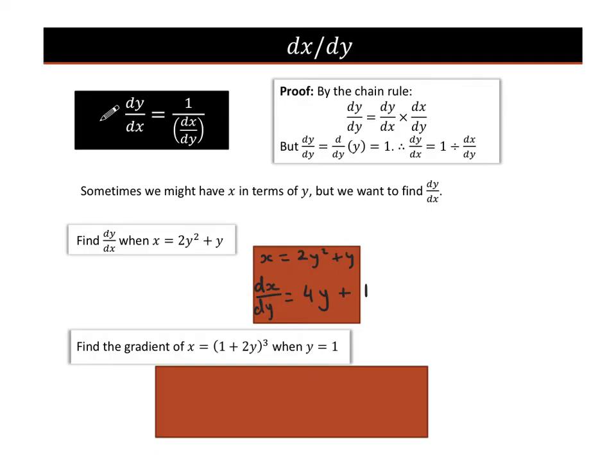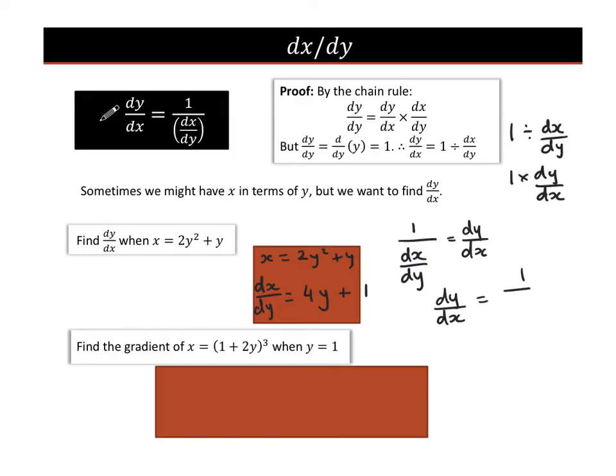If I want dy by dx, if I did 1 divided by dx by dy, I know that's going to give me dy by dx. And remember, we did this a few chapters ago. It's because 1 divided by dx over dy is 1 multiplied by dy by dx. Stay, change, flip. So, to find dy by dx, I'm going to put 1 over dx by dy, which in this case is 4y plus 1. Done. Simple.